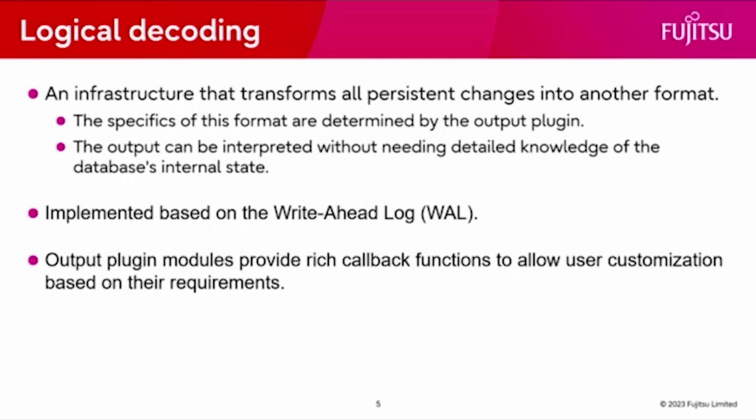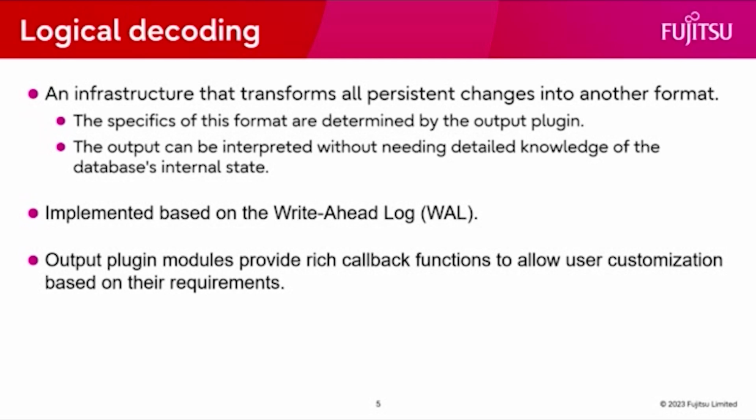Basically, this output can be interpreted without needing detailed knowledge of the database's internal state. So typically, this feature can be used for migrating databases from Postgres to MySQL or Oracle or something.